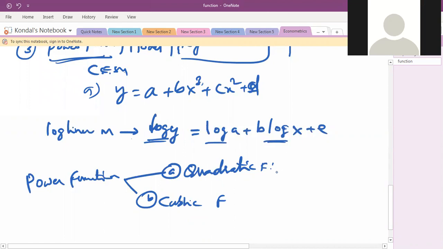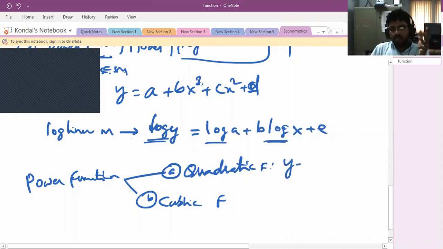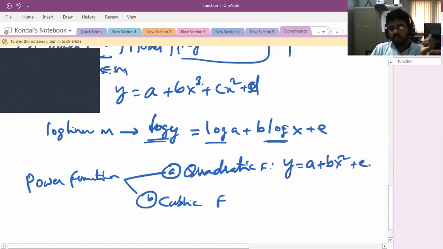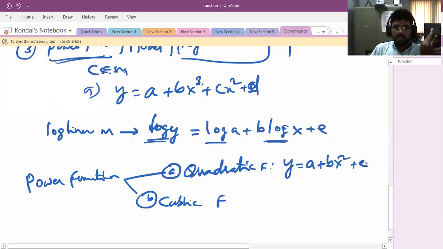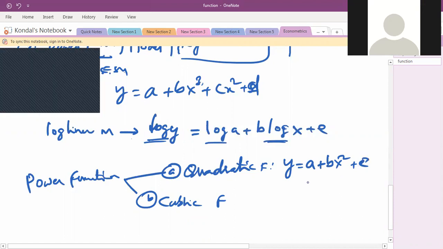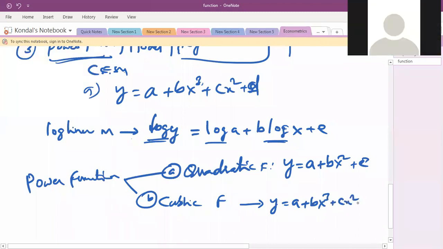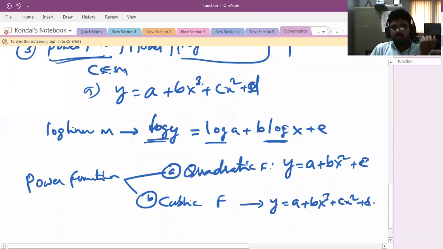For the quadratic function, y is equal to a plus bx square plus c, or e, no problem. For the cubic function, y is equal to a plus bx cube plus cx square plus bx plus d, or e, no problem.